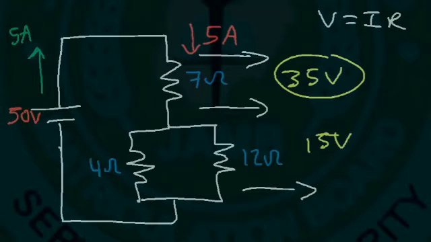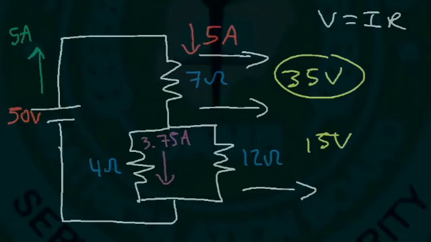So now let's calculate the current that flows through the 4 ohm resistor and the 12 ohm resistor. So the current through the 4 ohm resistor is 15 divided by the resistance of 4. So 15 divided by 4 is about 3.75. So 3.75 amps of current flows through the 4 ohm resistor.